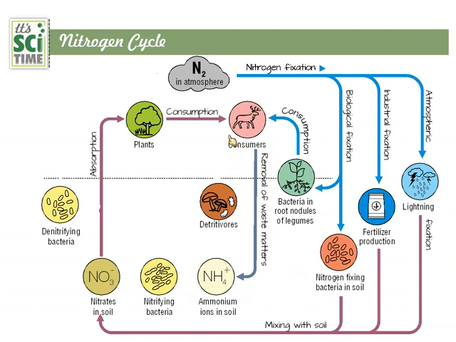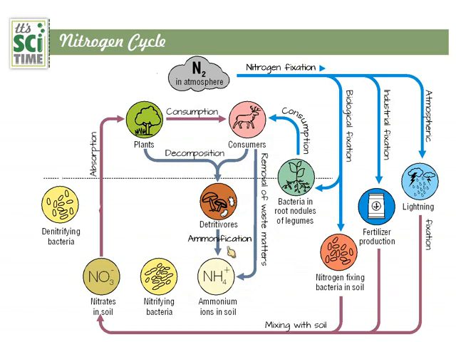The other way is once they die and decompose. Death and decomposition cause the decomposers to act on that and convert it to ammonia through the process called ammonification. This is the next important thing we learned after nitrogen fixation.